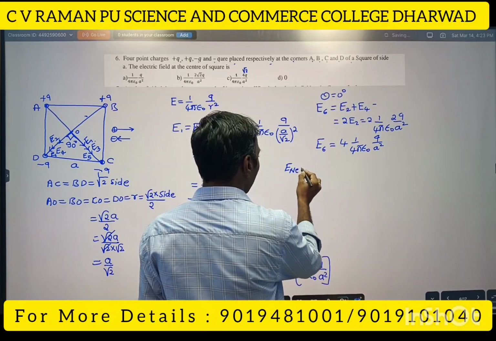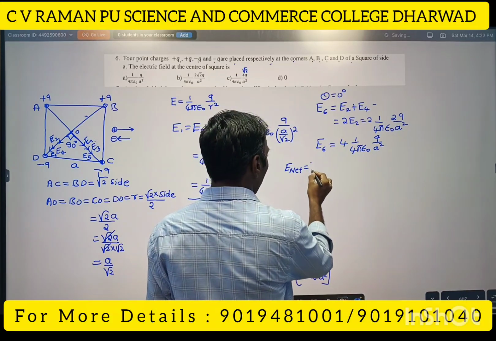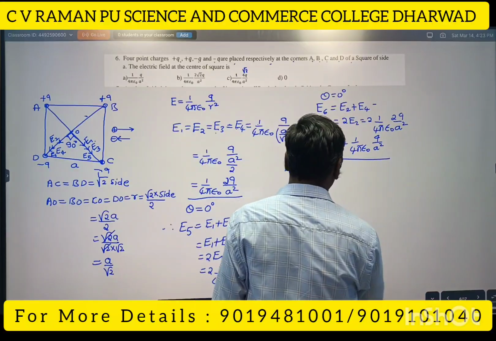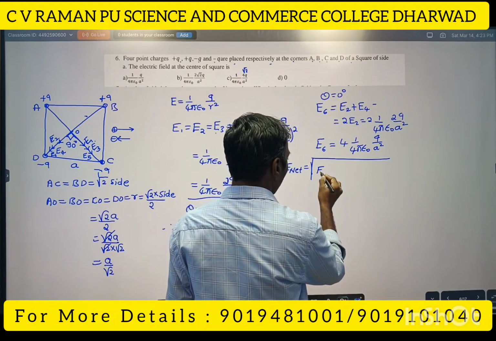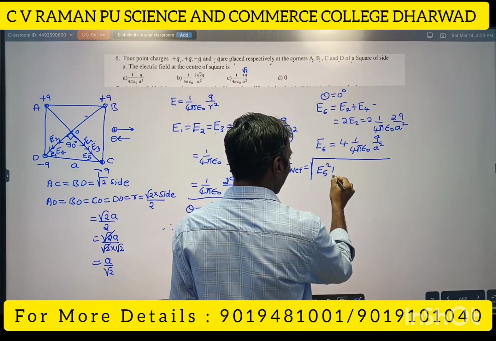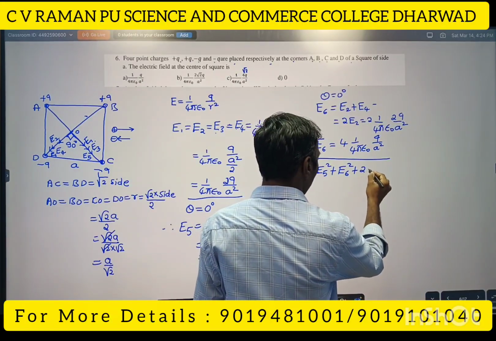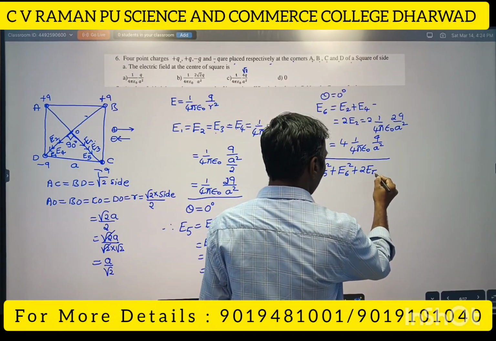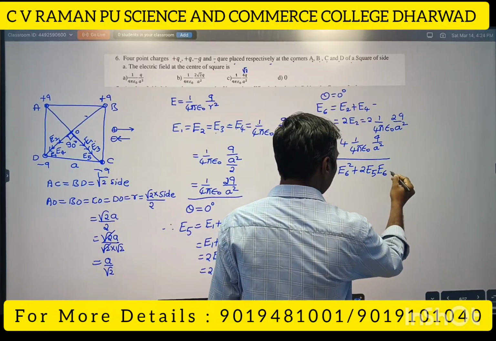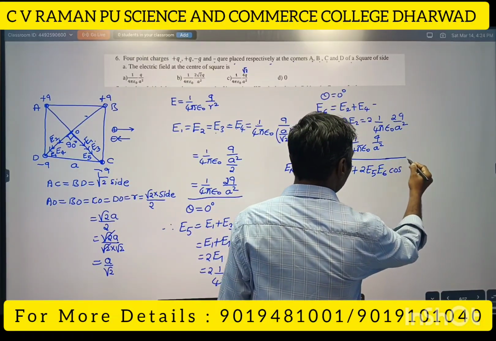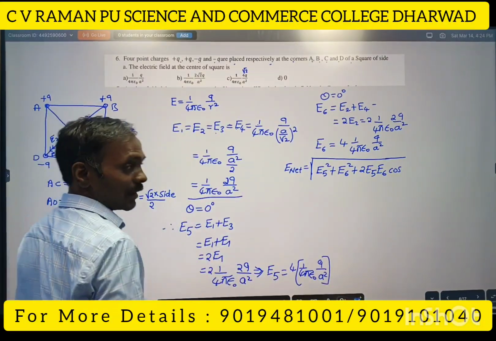As the angle between E5 and E6 is 90 degrees, the net electric field can be calculated using the formula E5 square plus E6 square plus 2 times E5 into E6 into cos theta. What is the value of theta? 90 degrees.